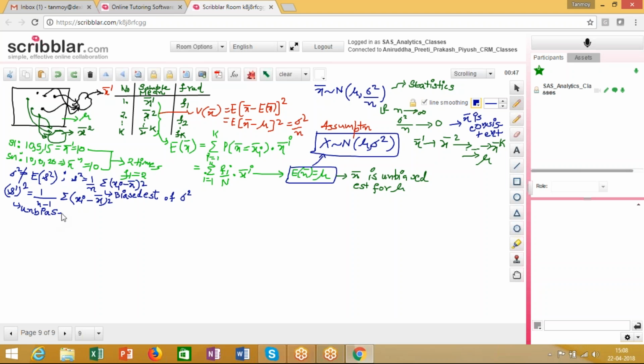That sample standard deviation is this particular version, 1 by n minus 1 summation xi minus x bar whole square, because this version is an unbiased estimator for sigma square.